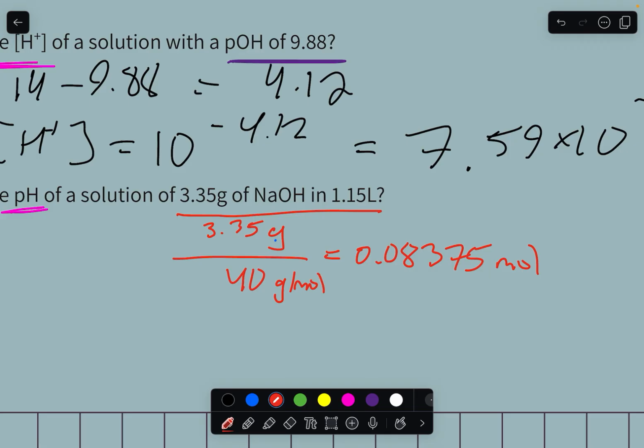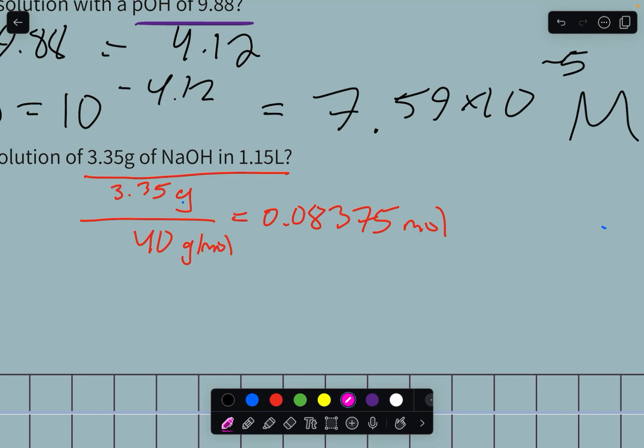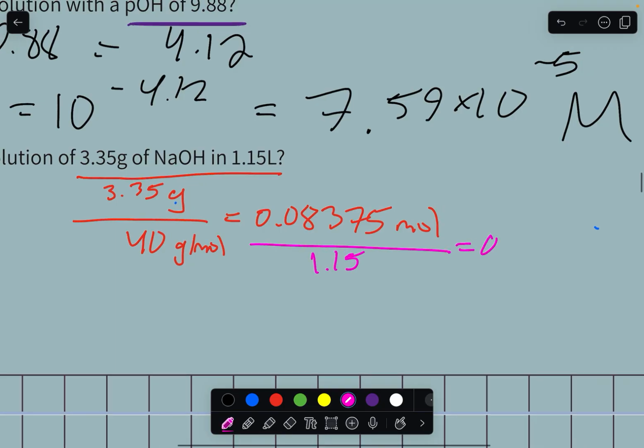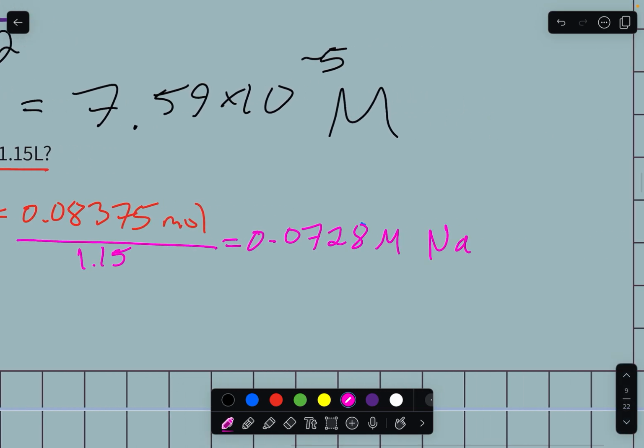Okay, don't forget your units like I am. All right, then to get to molarity, we divide the moles by the liters. So that divided by 1.15 gives me 0.0728 molar. And this molarity is for NaOH.